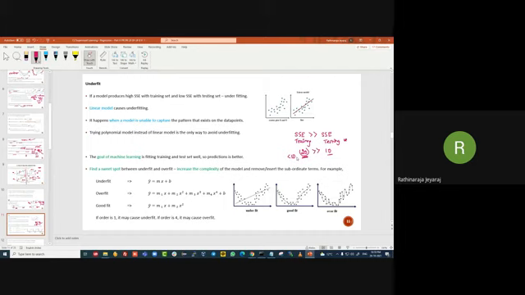That is the reason we say underfit. So for overfit, the sum of squared error during training time is much lower than the sum of squared error in the testing time. For underfit, the sum of squared error during training time is way higher than the sum of squared error during testing time. That's it.